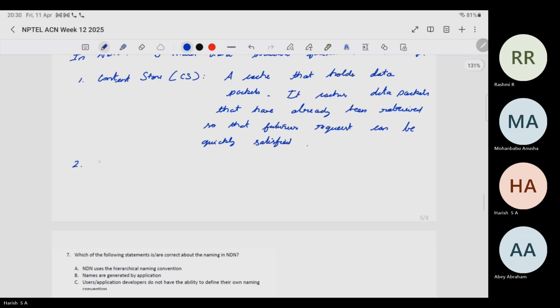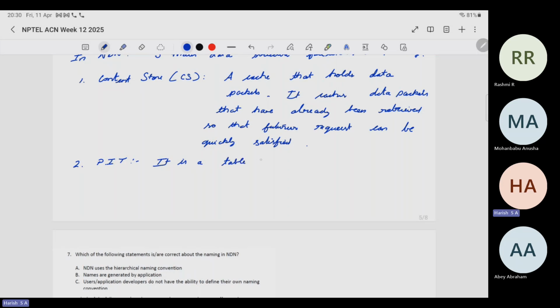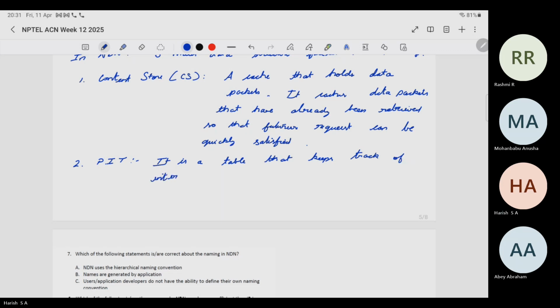And this PIT is a table that keeps track of interests that have been forwarded but not yet satisfied.